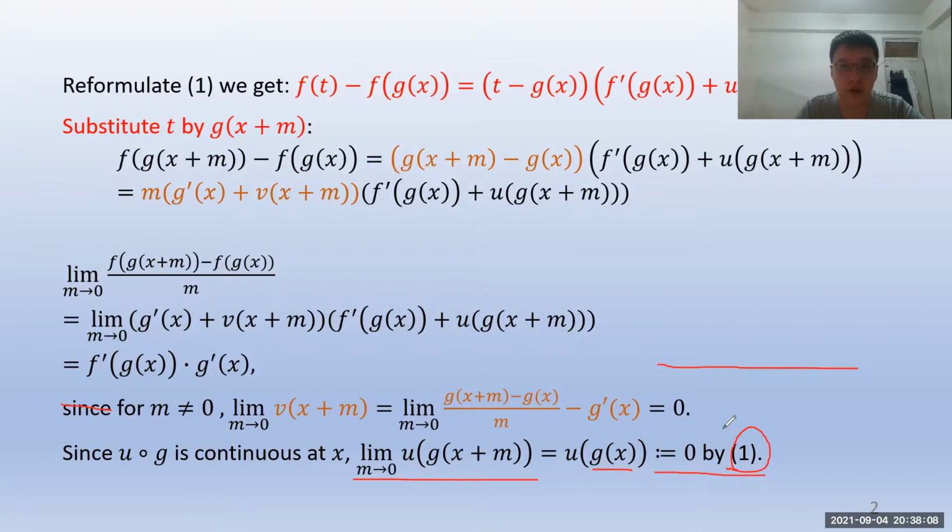So this term is 0, and this term is also 0. The only term that we preserve is this times this, so f prime g(x) times g prime x.